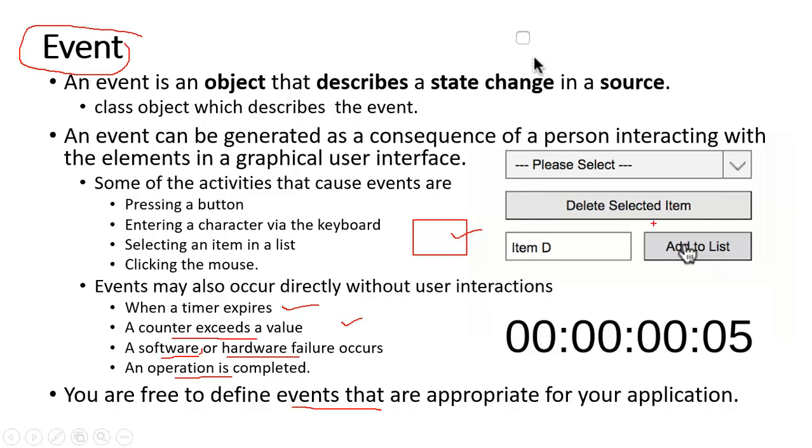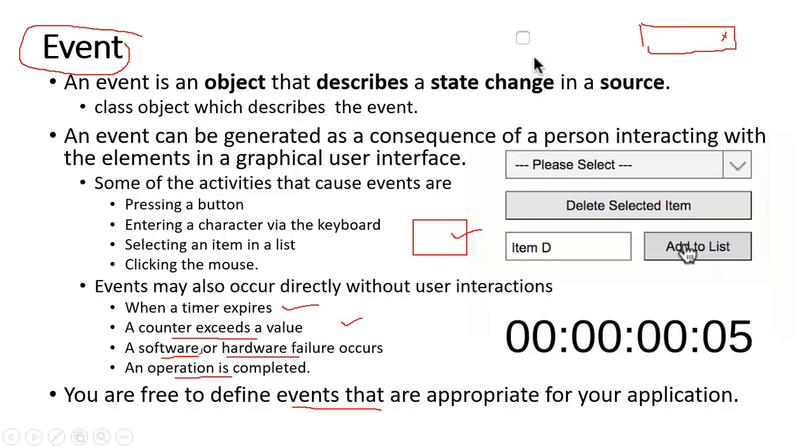Now you can take this idea of event still further and you can define your own event. For example, if you are writing a program for handling a student management system in your college, there are many events that are appropriate for that particular application. For example, when a student pays the fees, you can think of firing an event.